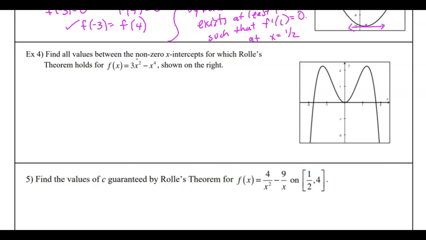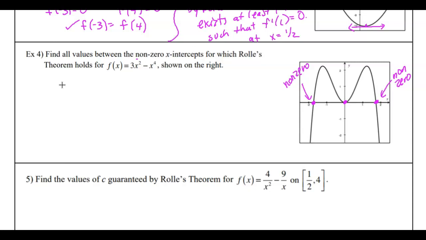Let me erase this. So the non-zero x-intercepts. So this is an x-intercept, this is an x-intercept, and this is an x-intercept. So this is the 0 x-intercept, so these are the non-zero. So I'm going to write this for you. So non-zero.